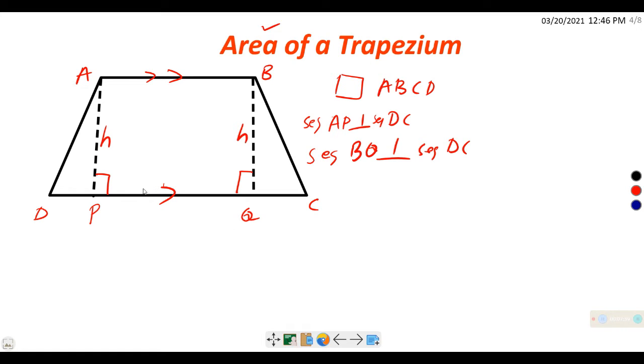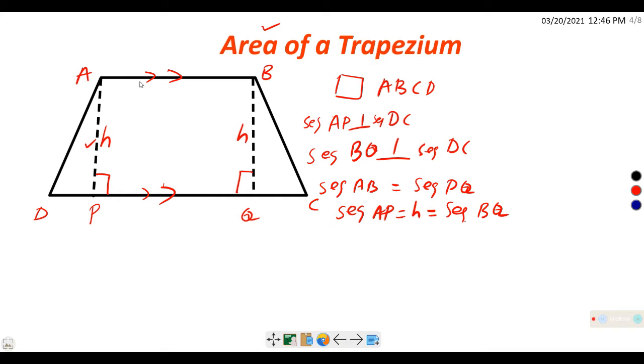This particular AB became equal to segment PQ, and it is also notable that segment AP, which we have named as height, is equal to segment BQ also. These are the things we observe after making the construction.